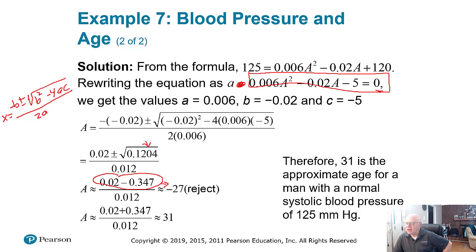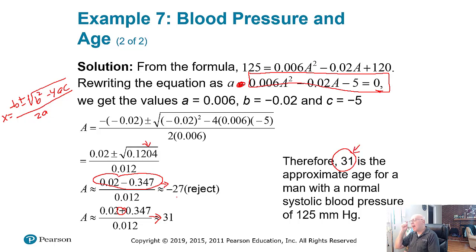Well, you can't have a person aged negative 27 years old. But the plus does give you a reasonable result, 31. You can't be a negative 27 years old, but you can be 31. So our answer, which we saw from the graph was about 30, is actually 31.